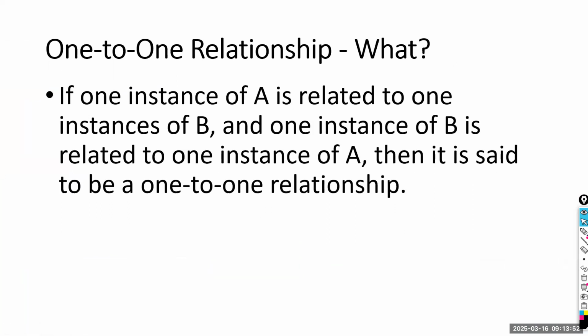Anyway, forget about the binary. One-to-one means one instance of the first entity is related to one instance of the other entity and vice versa. That means one instance of A is related with one instance of B, and one instance of B is related with one instance of A.